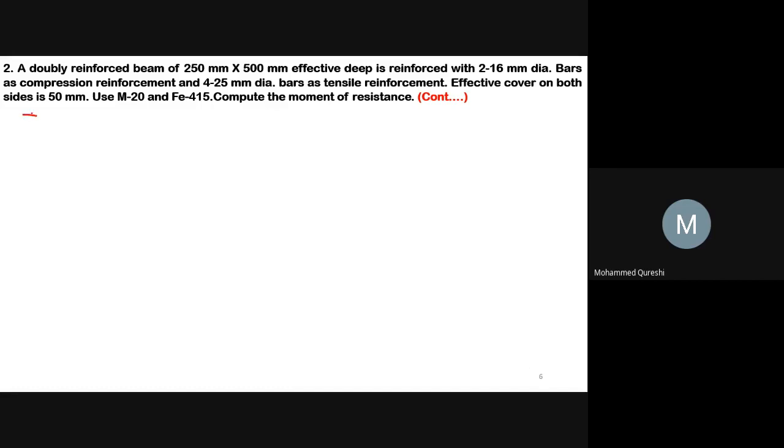As we know, XU will be important while calculating the value of moment of resistance.